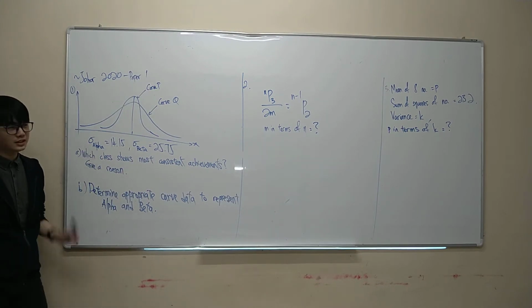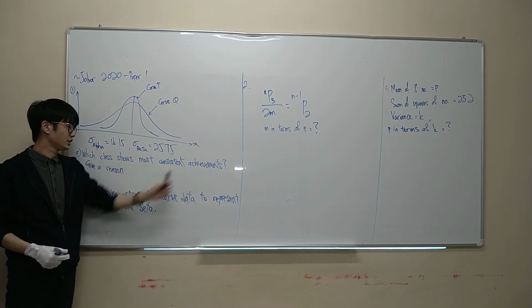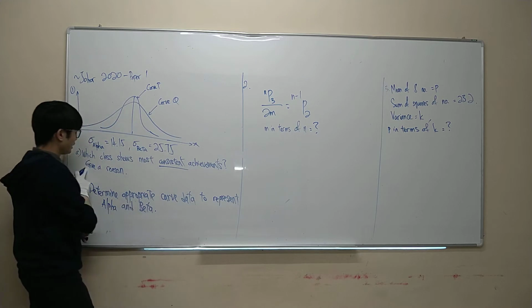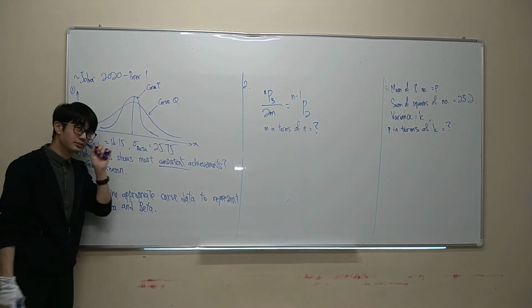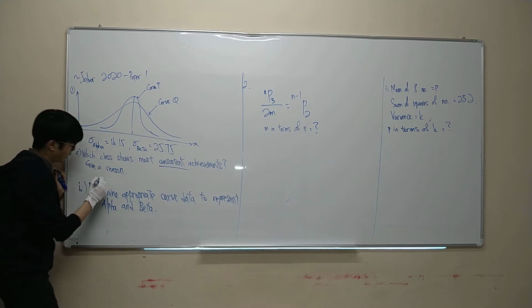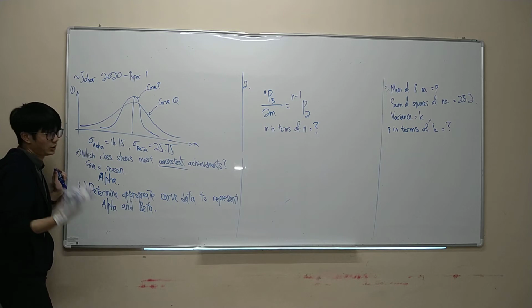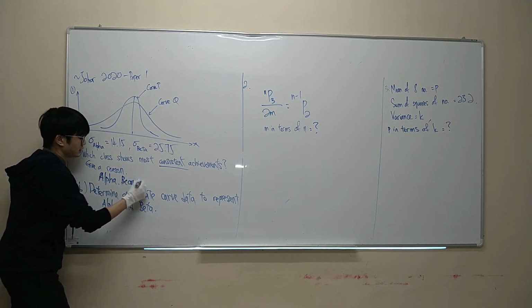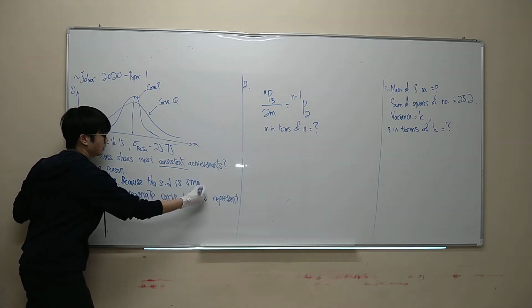Which class shows most consistent achievements? Give a reason. Alpha or beta? Alpha is more consistent, and the reason is because the standard deviation is smaller.